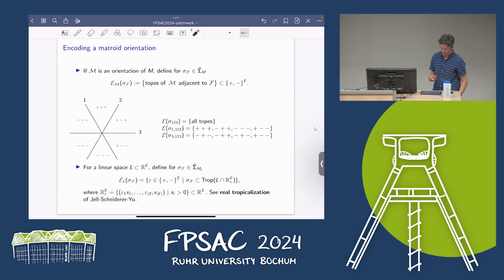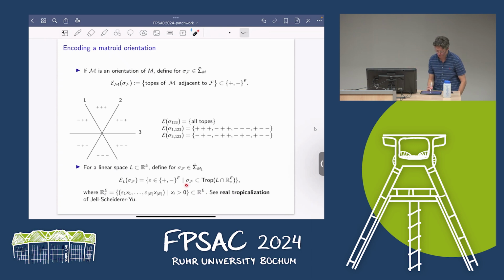Now we can also define a collection of plus-minus vectors for each cone of that tropicalization using the real tropicalization ideas of Jell, Scheiderer, and Yu. So this is going to be the set of all plus-minus vectors such that, if you take that tropicalization map, and instead of doing it on all of R^E, which was bad because the absolute value crushed everybody together and it wasn't a nice diffeomorphism, you restrict it to the orthant corresponding to the sign vector epsilon, and you look at the image in that orthant.